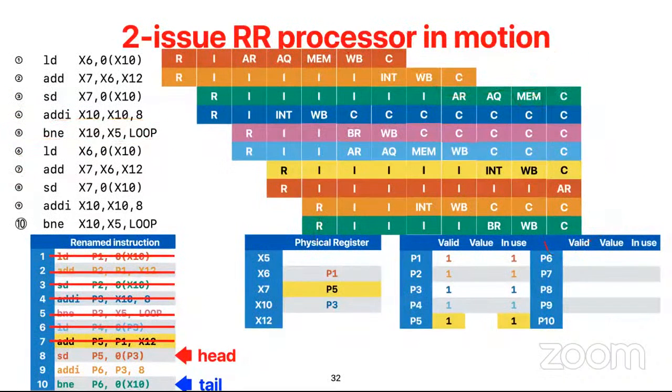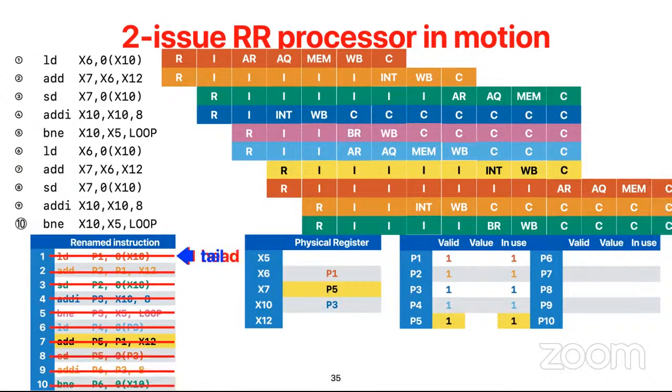And similarly, for instructions 9 and 10, previously we would be able to finish right away, but now you have to wait until the end of the store instruction. So that's the whole story about reorder buffer.